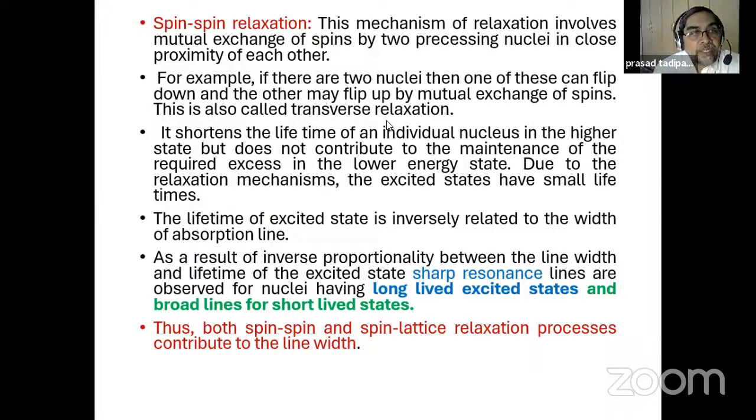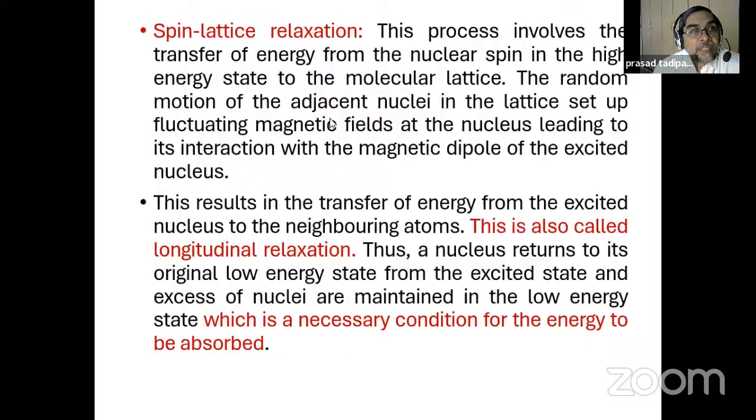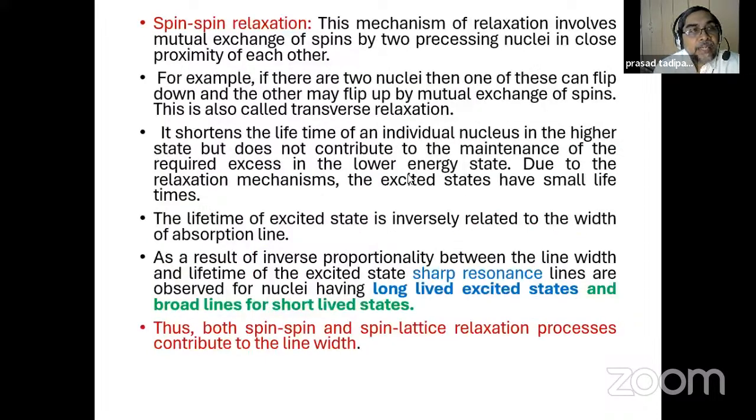So one is a longitudinal relaxation, and another one is a transverse relaxation. Here it is a longitudinal relaxation in the spin lattice mechanism, and this is the transverse relaxation. So that is vertical, where it transfers energy to the neighboring atom, the energy that it absorbs.